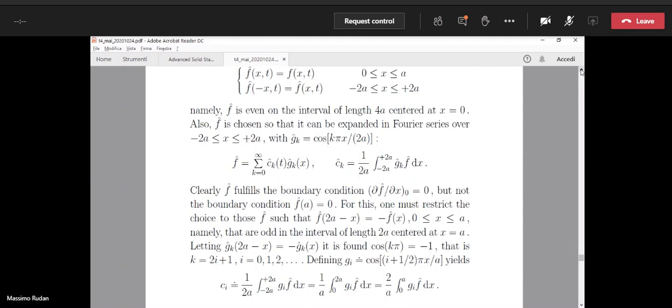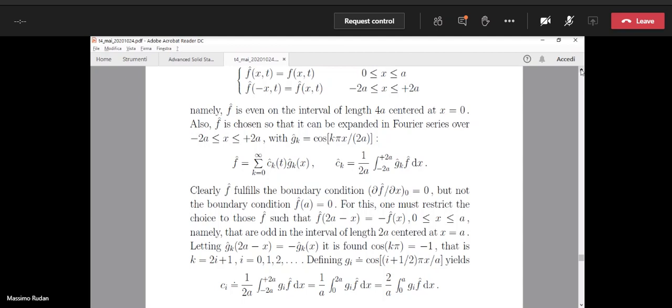Obviously, if a function is odd in an interval of length 2a centered at x equal to a, it will be 0 in the middle. So it will be 0 at point x equal to a, okay?